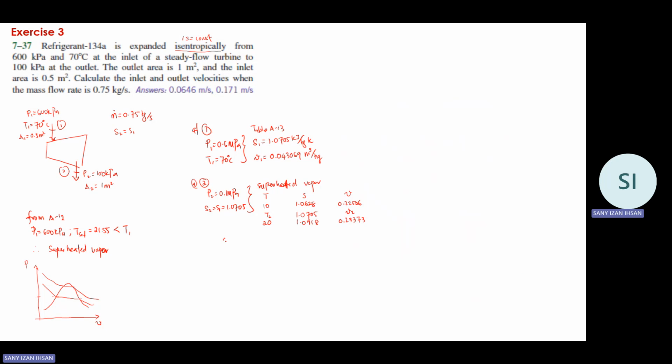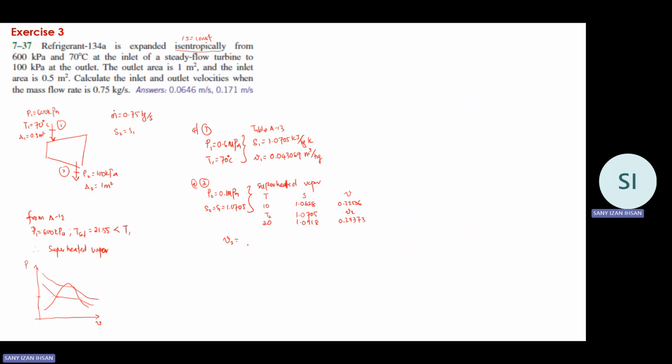If you remember the relation, basically, V2 minus this divided by this minus this equals 1.07 minus 1.06 divided by 1.09 minus 1.06.